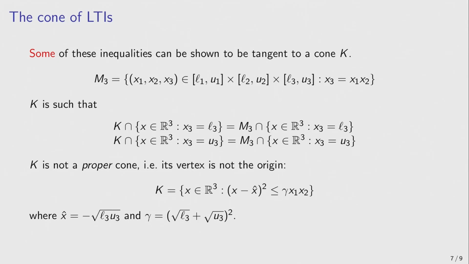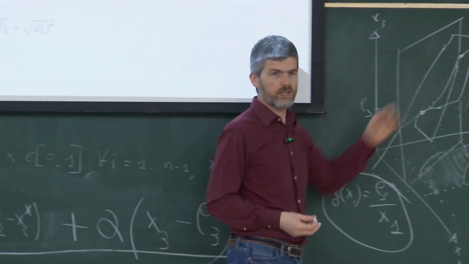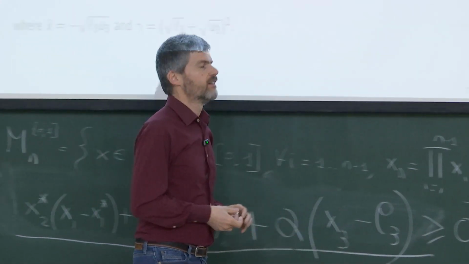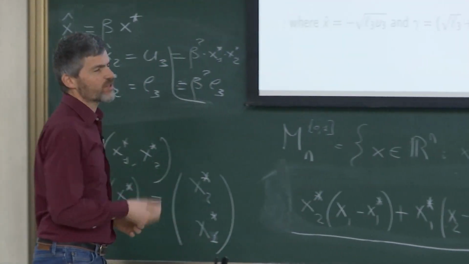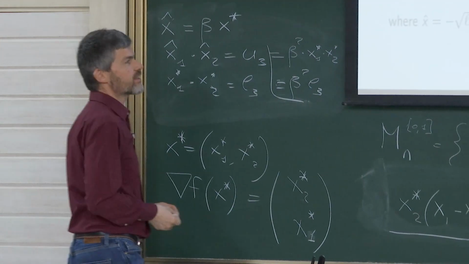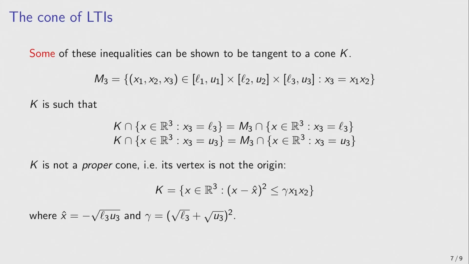So the set of all the points satisfying all these lifted inequalities is, what did we say yesterday? A cone, because a cone is a very important set. It's a strange cone, though, because it's not exactly a cone with the origin as the vertex. It's a cone with a vertex that is in x hat. Yeah, I used x hat here, but this is another meaning of x hat.